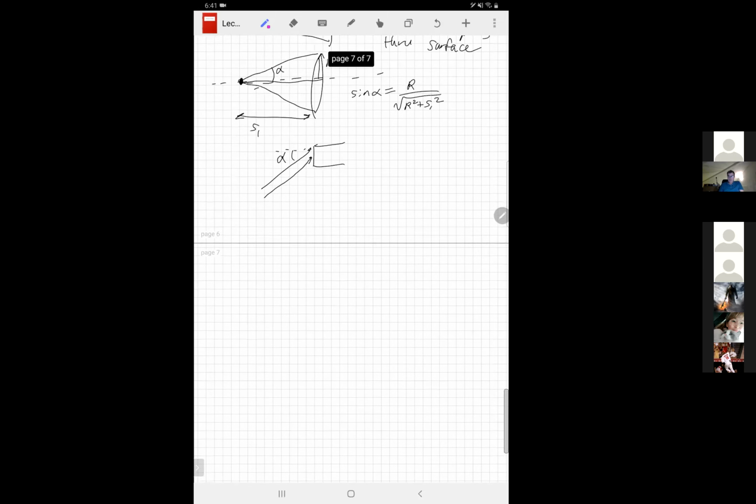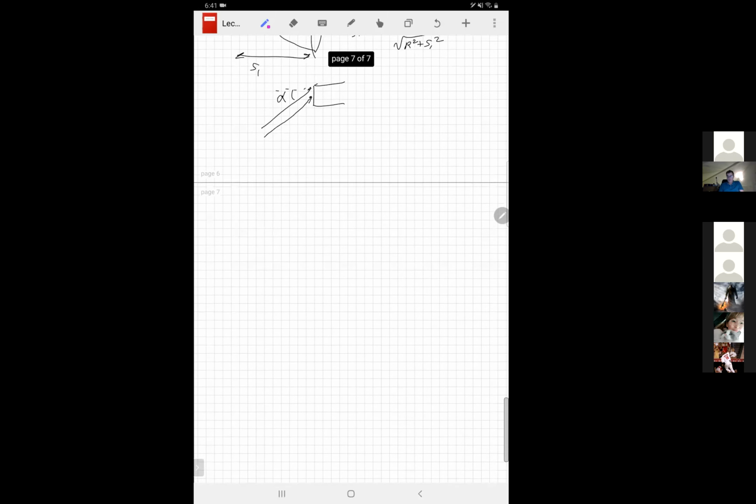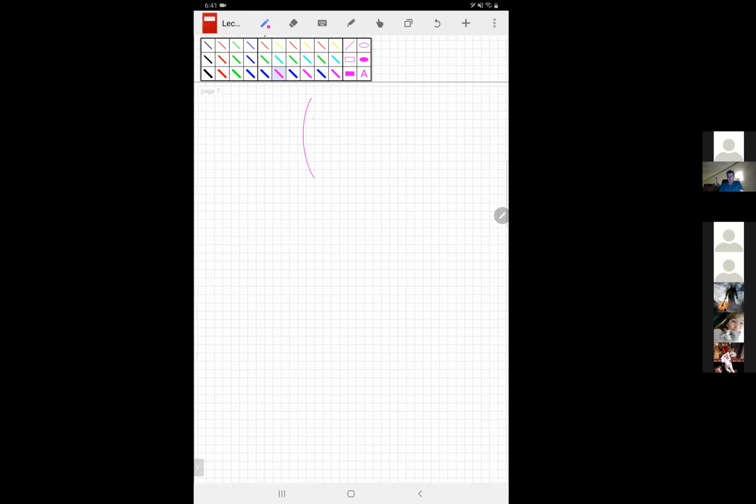So all I said was that we've got some surface here. For all I know, maybe we've got a really elaborate system of lenses, and I'm going to get details wrong if I try to come up with one off the top of my head, but it doesn't matter. Who knows?